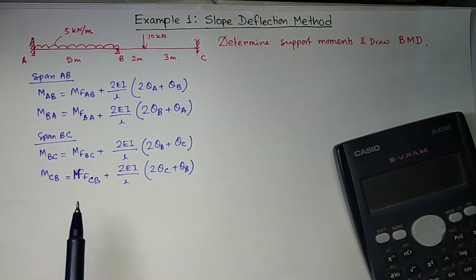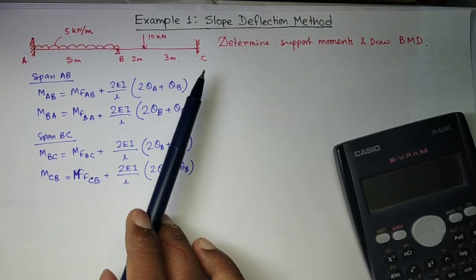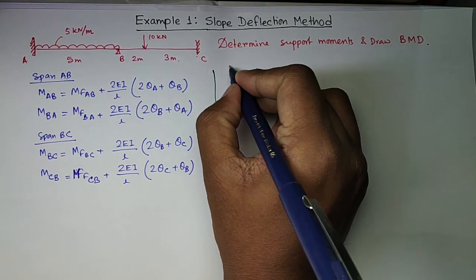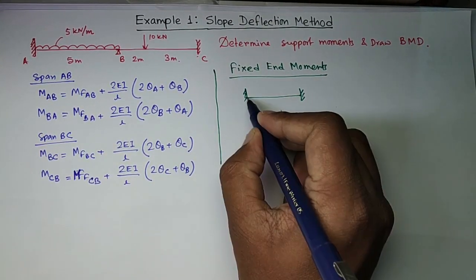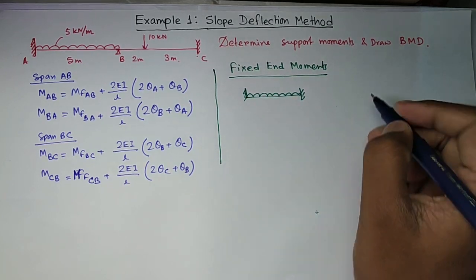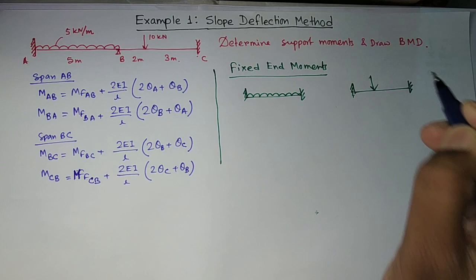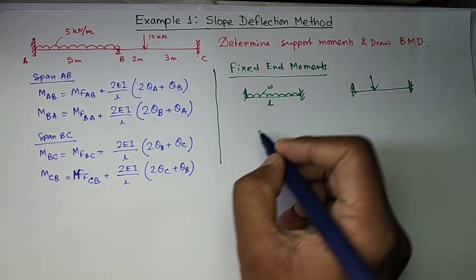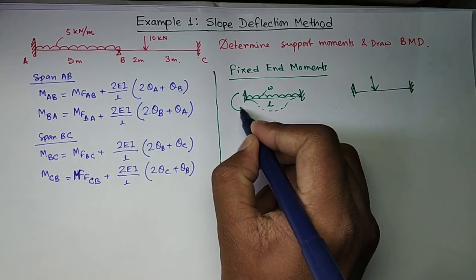Now you have to determine the fixed end moments for spans AB and BC. You have to keep these formulas in mind for the fixed end moments. For a fixed ended beam with UDL loading, this is W, this is L, and the deflection is like this.